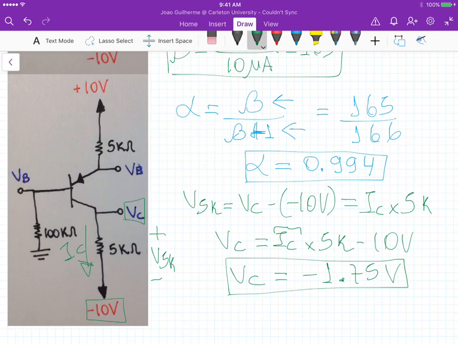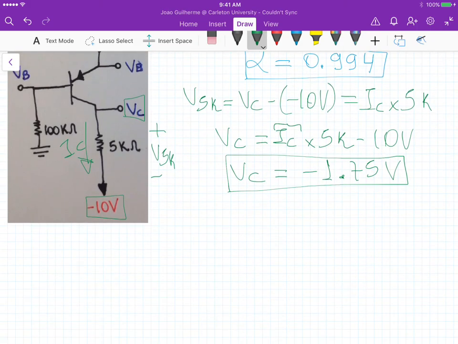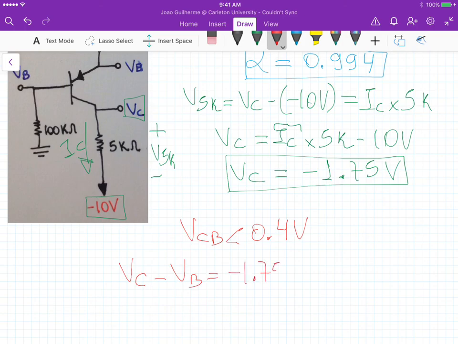And we can again verify the active mode operation by verifying the voltage VCB. Because it's a PNP transistor, that relationship VCB should be less than 0.4 volts. VC we know is minus 1.75, and VB we know from the statement of the problem is 1 volt.